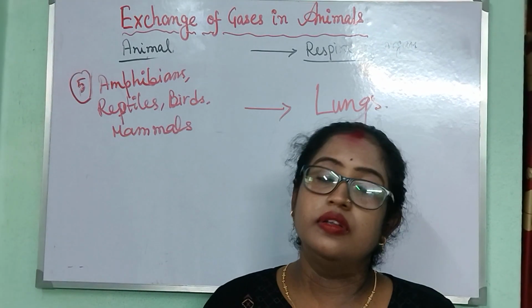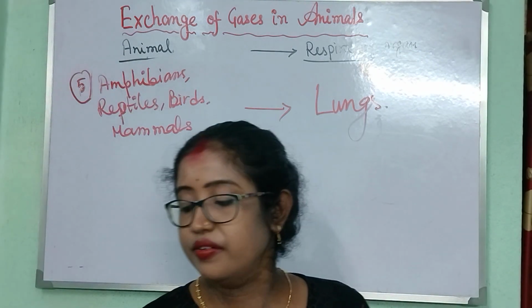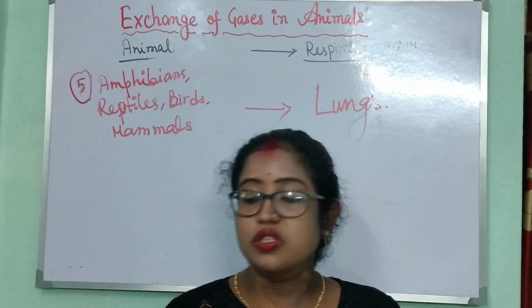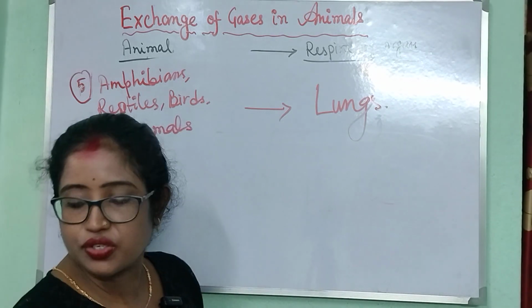All 4 groups contain the lungs as their respiratory organ. So lungs have very small sac-like structures in them.